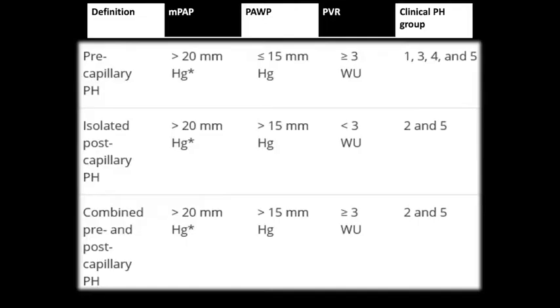If I go back, pre-capillary pulmonary hypertension is 1, 3, 4, and 5. That means to have isolated pulmonary arterial hypertension, it should not be group 3. So you have to rule out that the patient has any significant hypoxemia or lung issues.